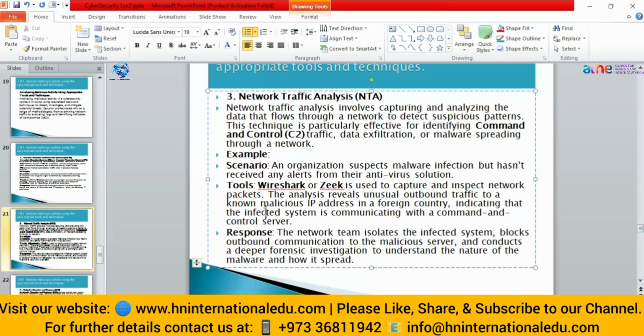Until then, you will isolate that system, means that server will not take any incoming requests until that malware is detected and you have solved that.